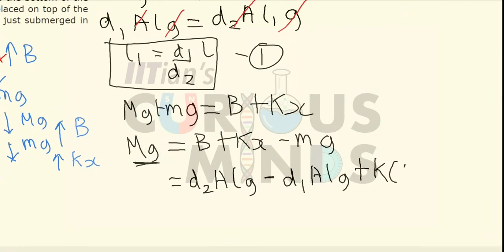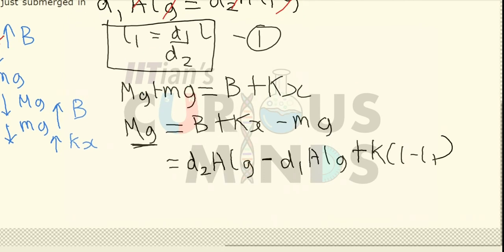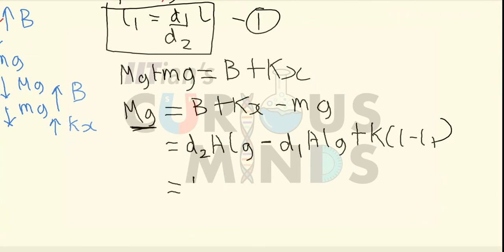So I can take A, L, g common. It will be equal to d2 minus d1, plus k into x, where x is equal to L minus L1.